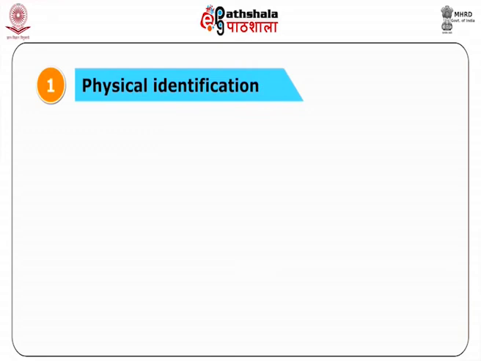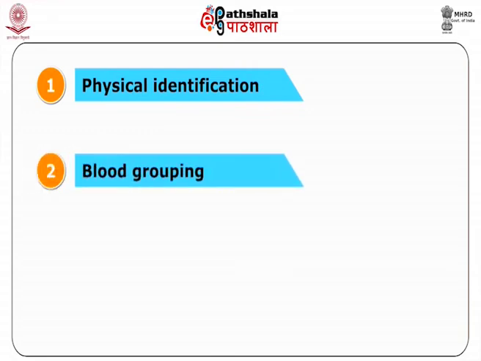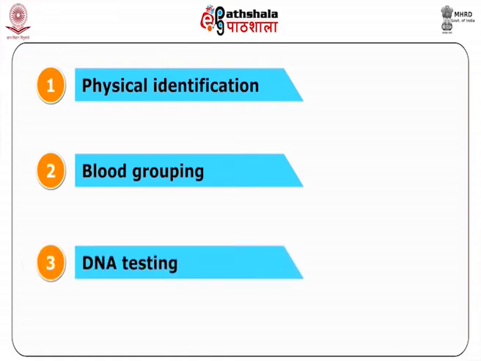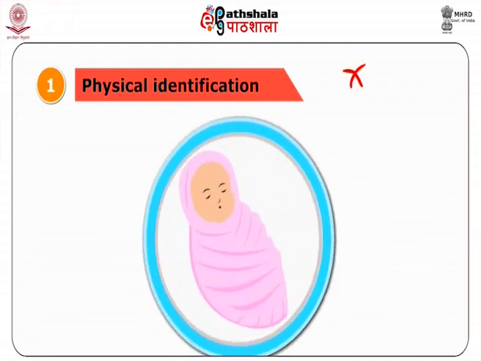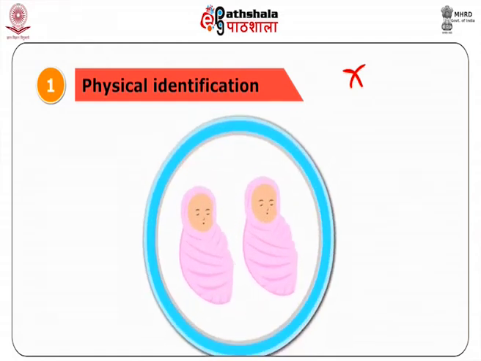First is physical identification, second, blood grouping, and third is DNA testing. The first step was not sufficient because the child was of 2 days and babies of that age generally have similar appearances and hardly anything can be inferred.